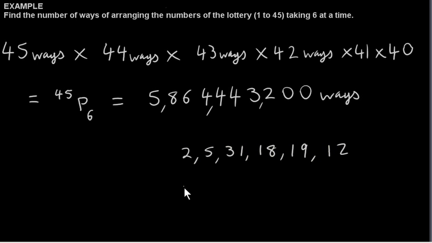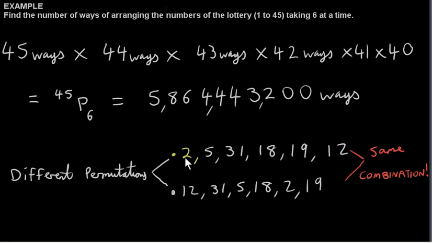But of course another permutation could be the numbers 12, 31, 5, 18, 2, 19. We would see these as 2 separate permutations. But of course, for the purposes of doing the lottery, these are the same. Same numbers appear in both sets of permutations. So even though we have 2 different permutations, we would say that we have the same combination.